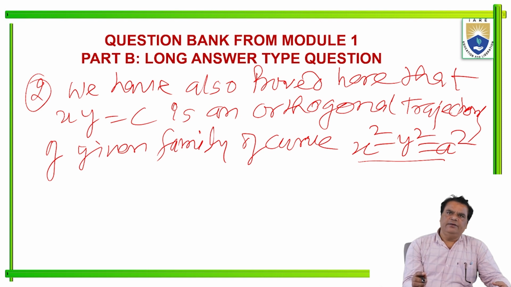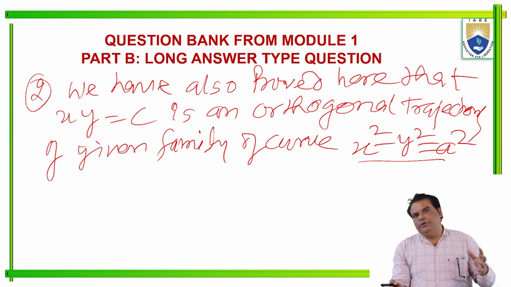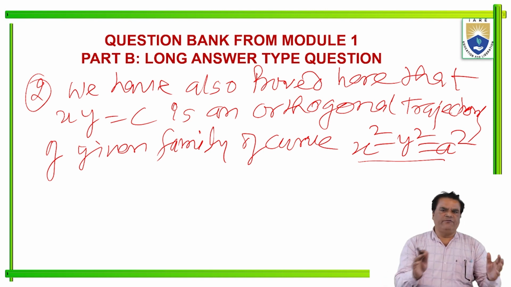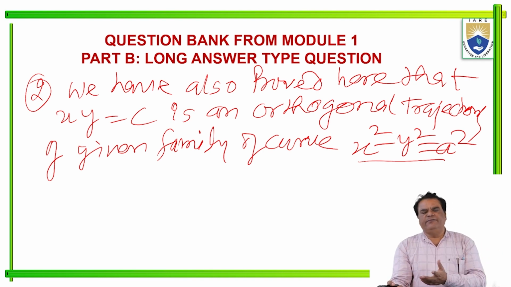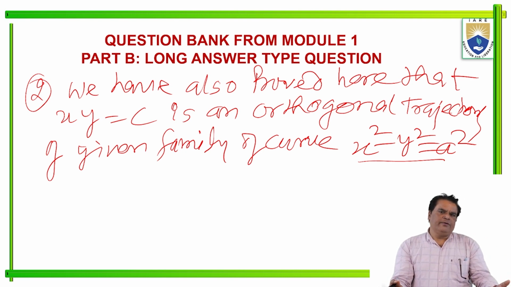In the first result, we have proved that the orthogonal trajectory of x square minus y square equal to a square is xy equal to c. So we can say that both curves are mutually orthogonal trajectories to each other. One function is the orthogonal trajectory of the second function, and the second function is the orthogonal trajectory of the first function. Why?